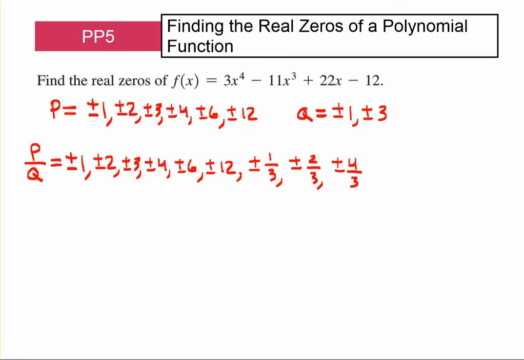Okay, a few little hints of the trade. Notice you have a little 3 in front over here. Whenever you think about factoring, this would finally reduce down to maybe a 3x plus something and an x plus something. So one of these divisors of 3 is going to work because of that 3 in front.